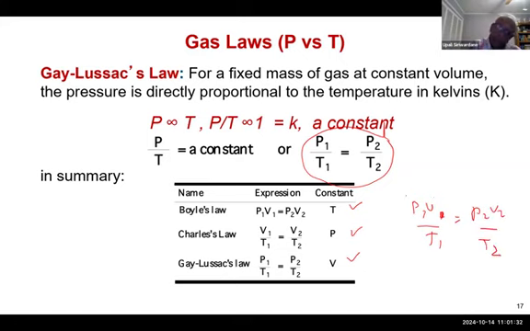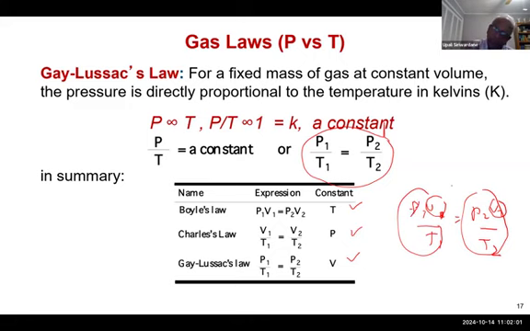When you combine all these gas laws into one equation, you can use that combined gas law, knowing which one is held constant. If volume is held constant, it becomes Gay-Lussac law.